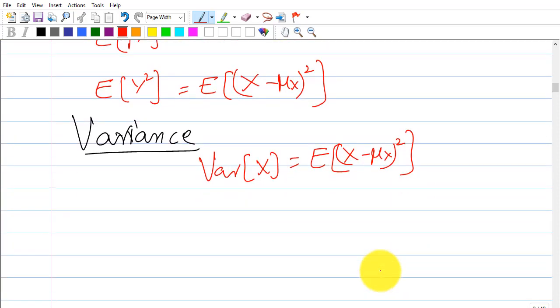Now there is one important point if you look at this variance relation. What we get is the square of the value of the data. Just consider if we are talking about the quiz marks of a class.